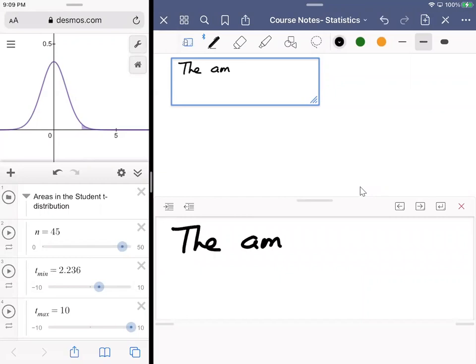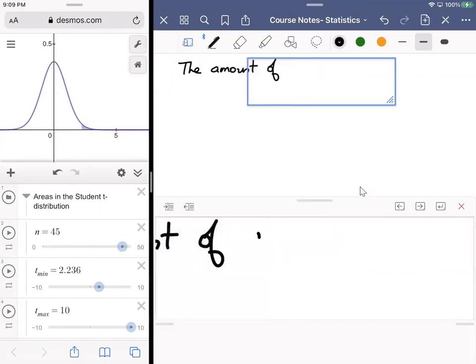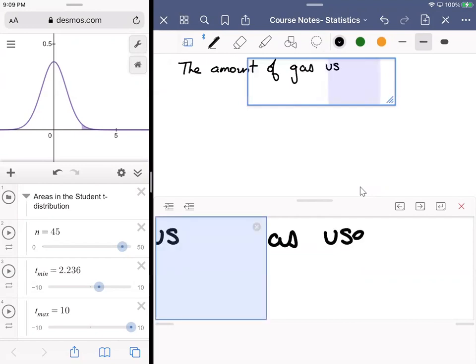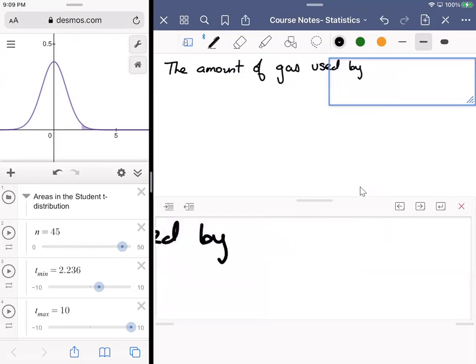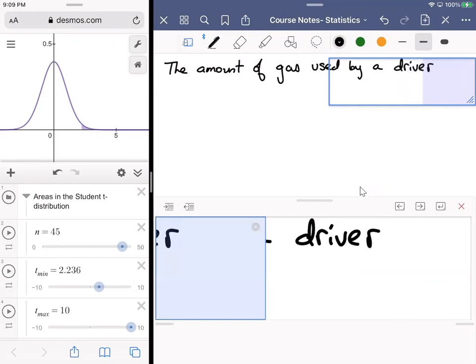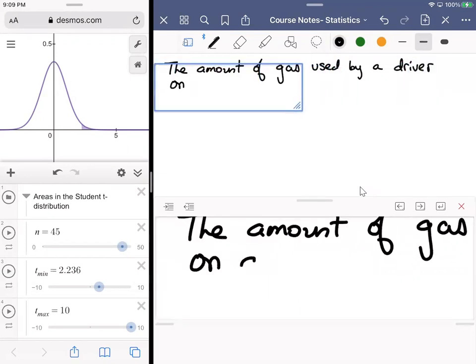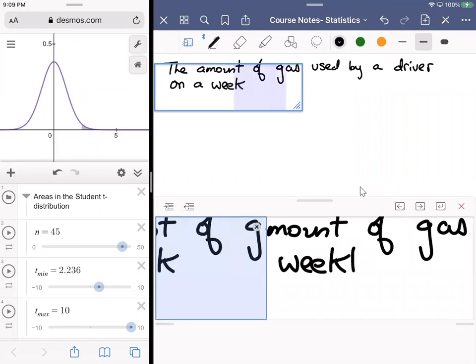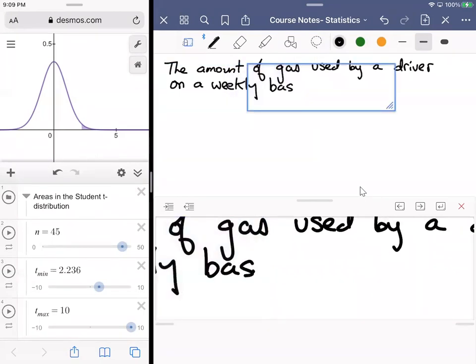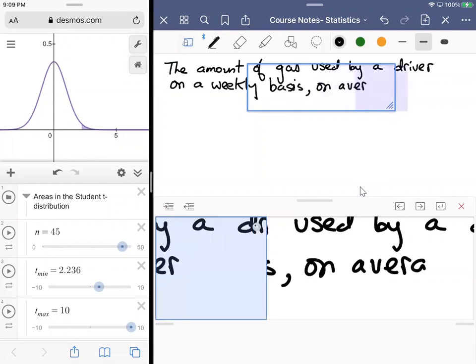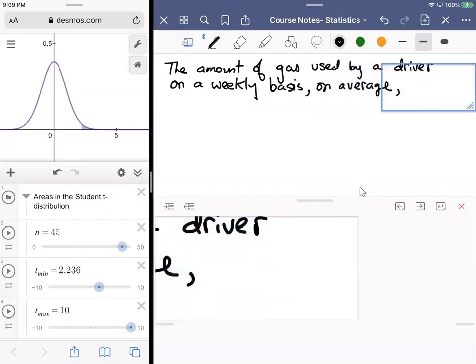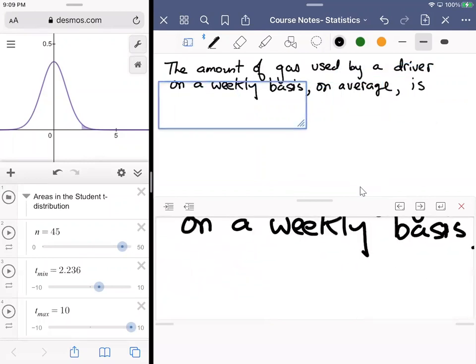The amount of gas used by a driver on a weekly basis, on average, is normally distributed.